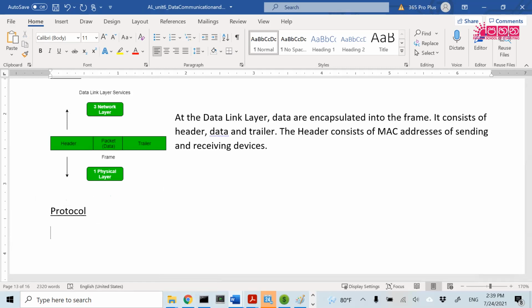If you ask me what a protocol is, a protocol is a set of rules. Let's write down about the protocol.